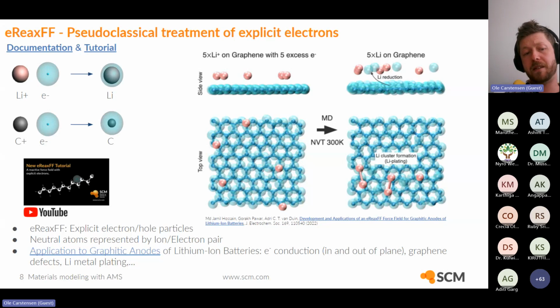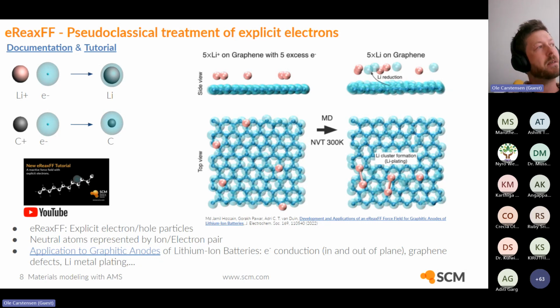The system that was studied here, on the right side, the battery relevant system, is basically graphene sheets. So graphitic anodes of lithium-ion batteries are the simulation target. What you can observe in these simulations is electron conduction. You can see the electrons diffusing or moving around on these graphene sheets in plane. And if you extend the unit cell to more graphene sheets, you can also see out-of-plane movements.